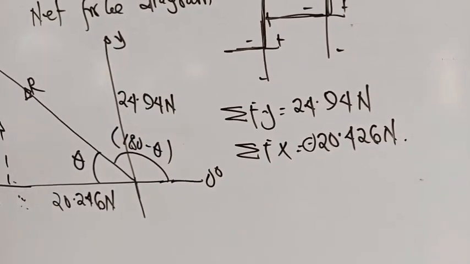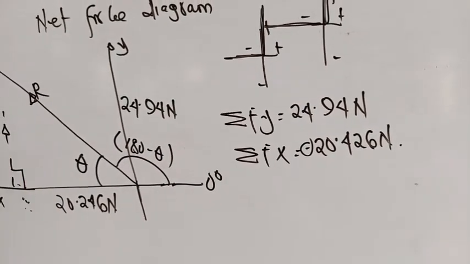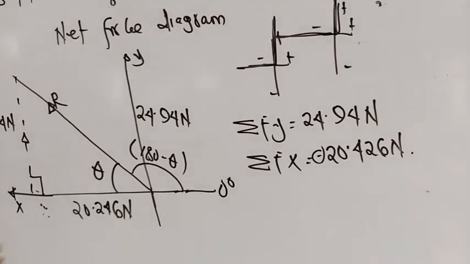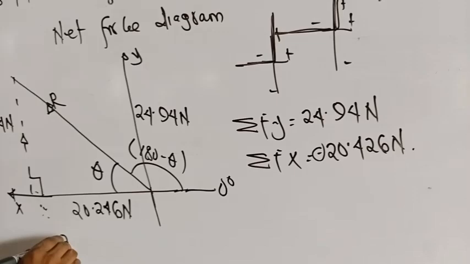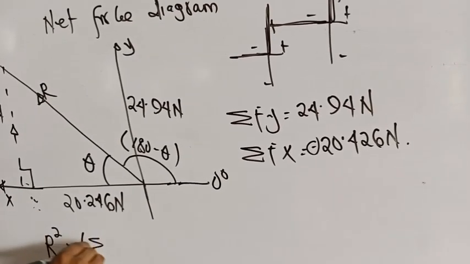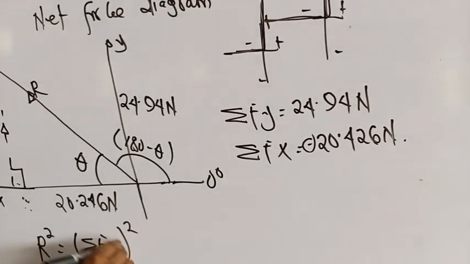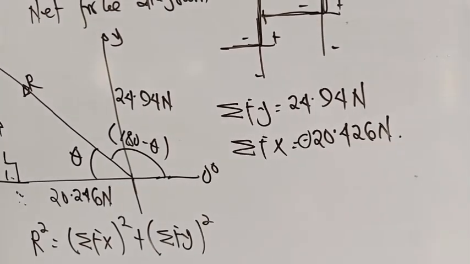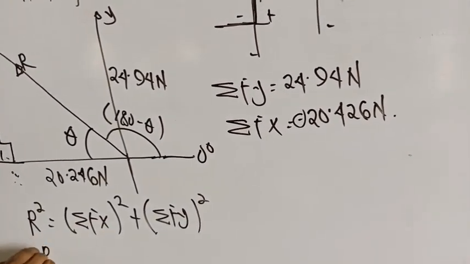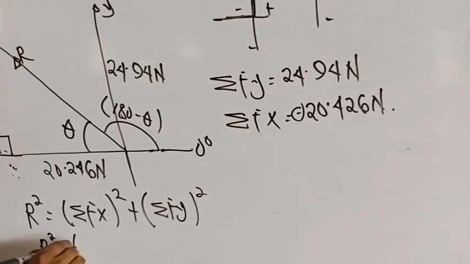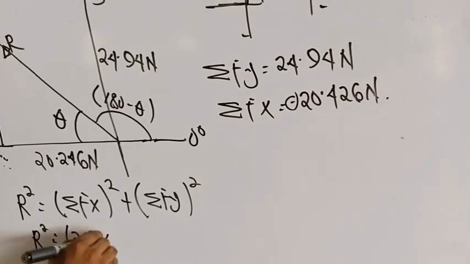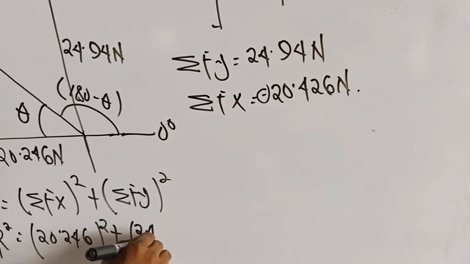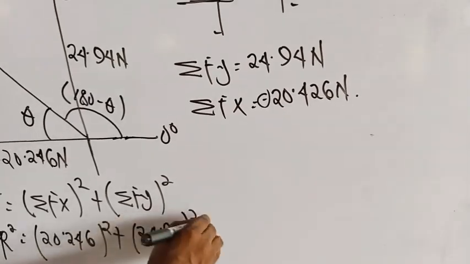So with that, I can determine the resultant force by applying Pythagoras theorem. It says that the square of the hypotenuse equals the square of the adjacent, which is our summation F of x, plus the square of the opposite, summation F of y. So if I fix in my values, R squared will give me 20.246 squared plus 24.94 squared.